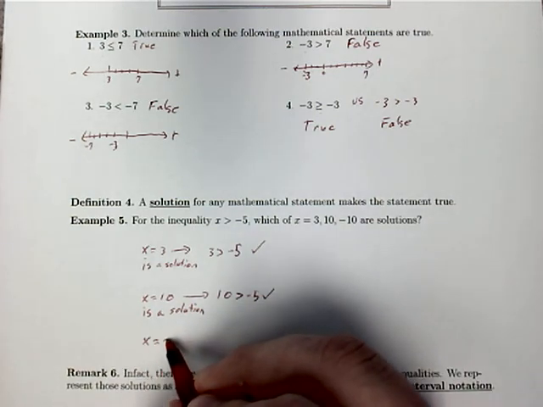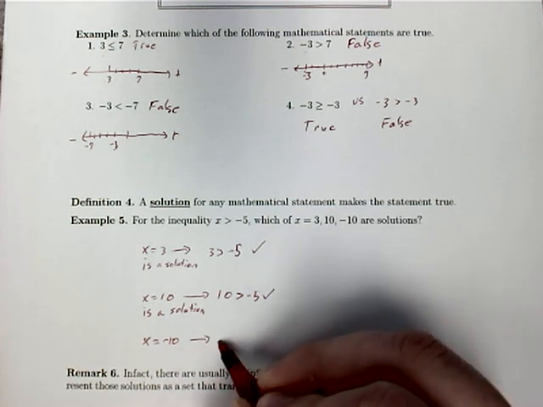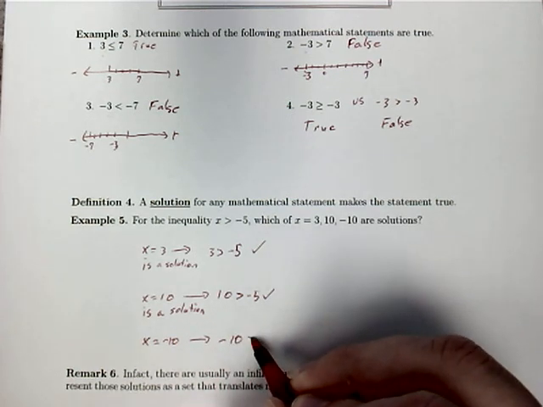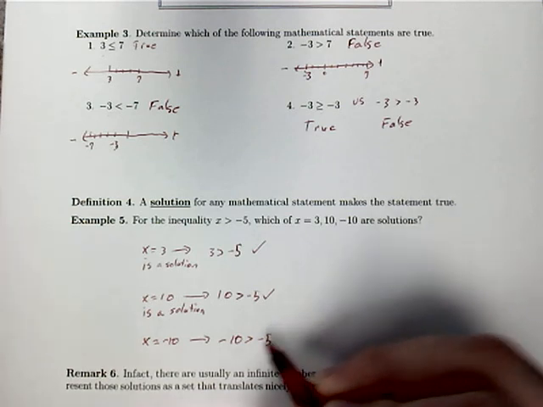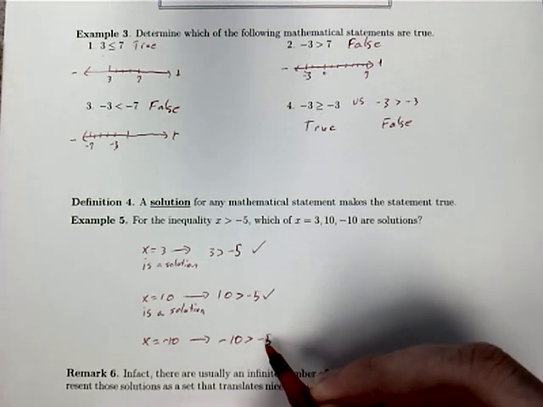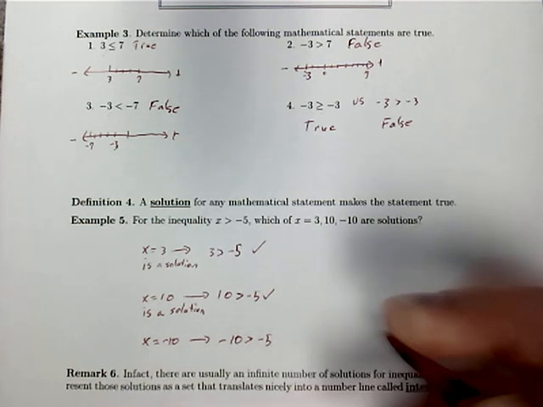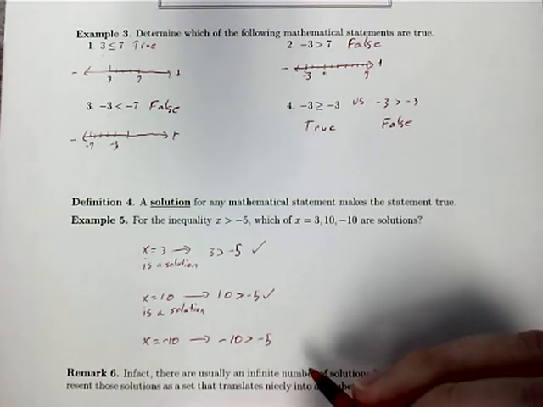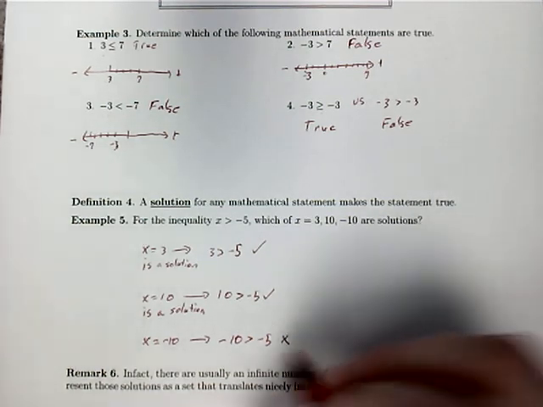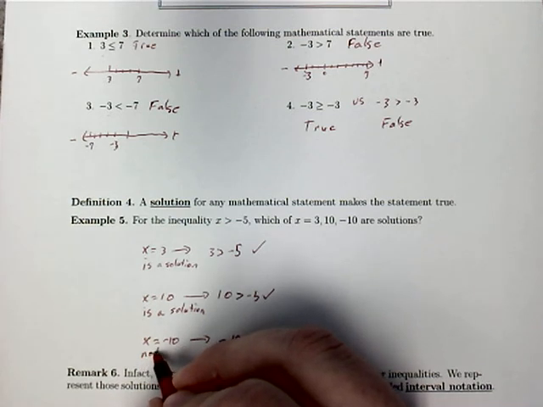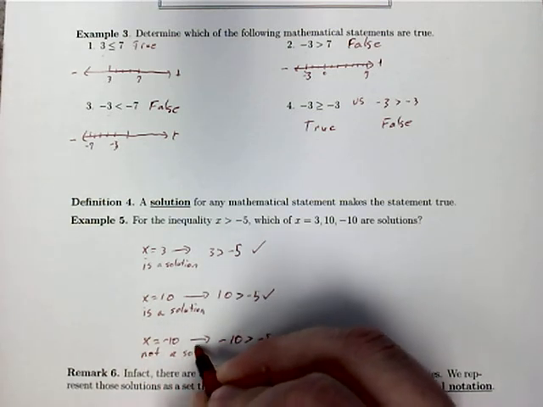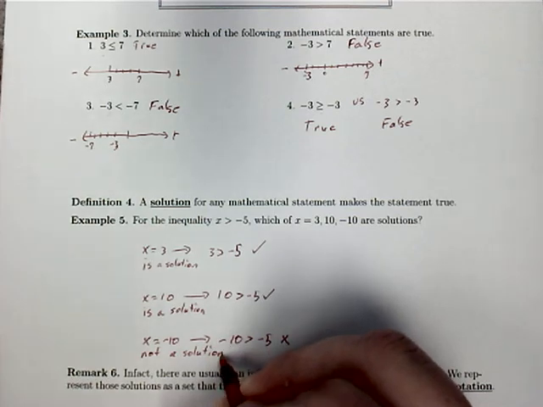But x equals negative 10. Negative 10 is in fact not greater than negative 5. It's less than because it's more negative. It's further on the left of the number line. So this is not true. So x equals negative 10 is not a solution.